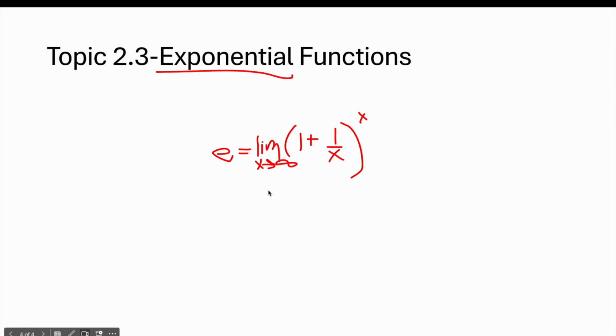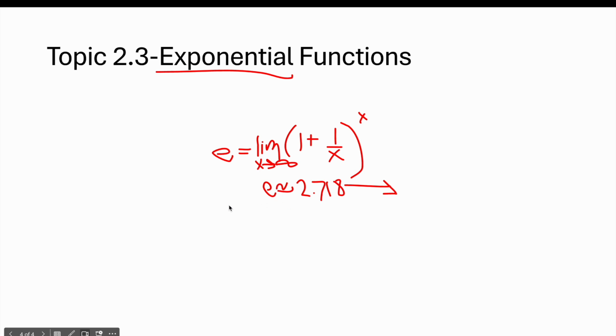I don't think you technically need to know this, but these are just definitions to help you understand. So e is roughly 2.718, and there's a bunch of numbers after, but it's roughly 2.72.